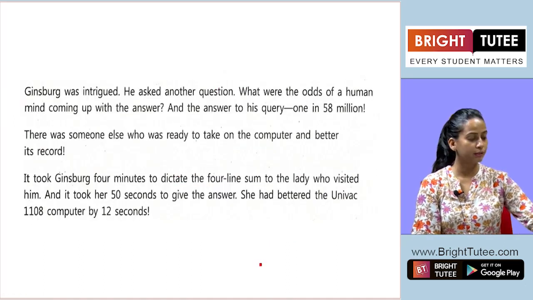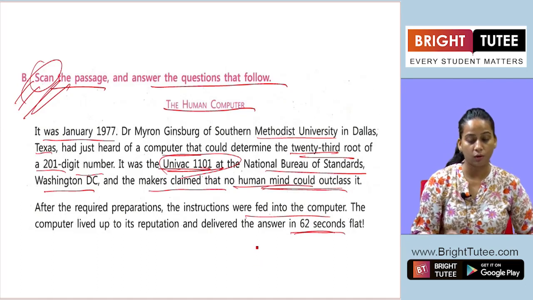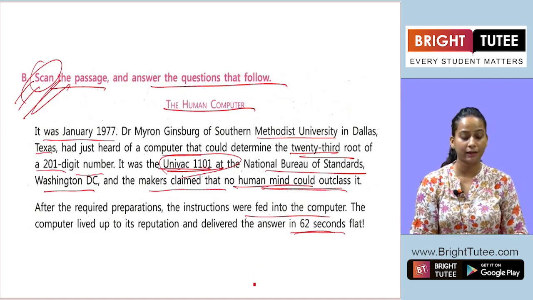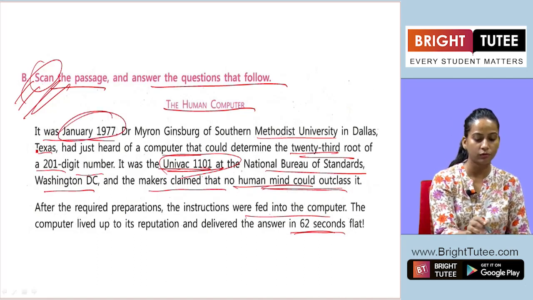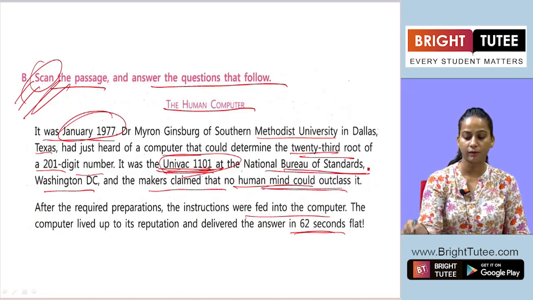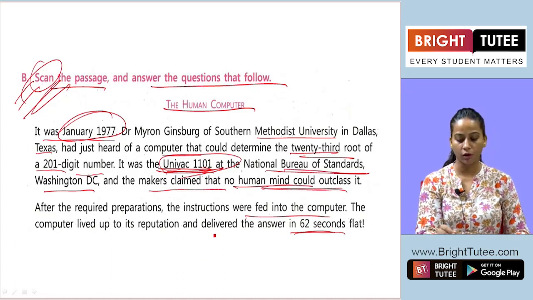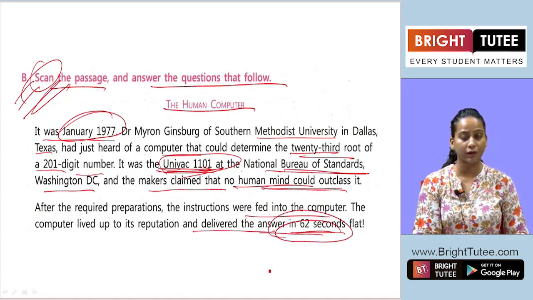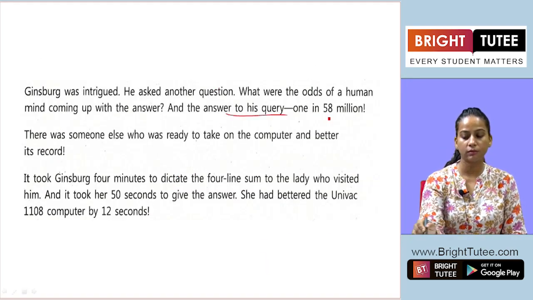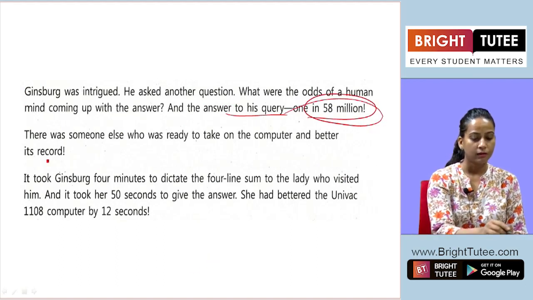Here, although we are doing the reading, what you have to keep focus on when we are using this scanning technique, you have to note here: January 1977, UNIVAC 1101 at National Bureau. They are talking about how much time it took, 62 seconds flat. Then the answer of the query was given in 1 in 58 million.